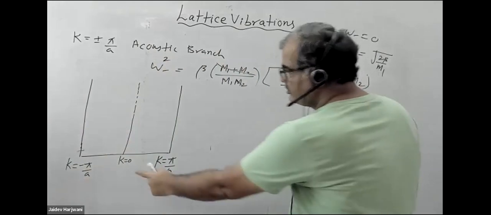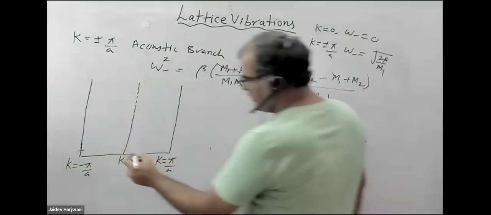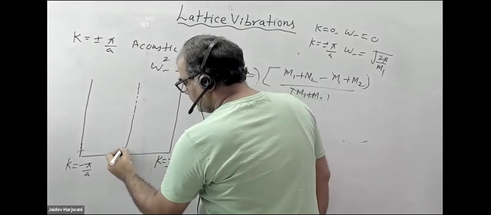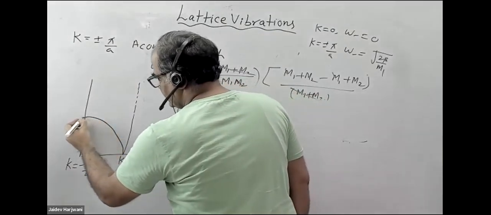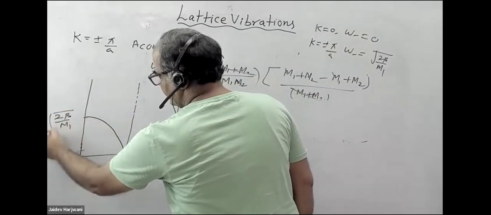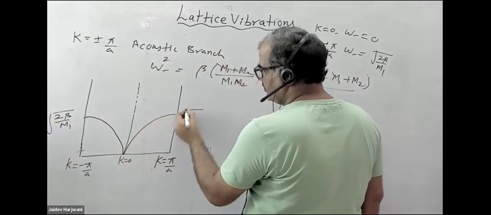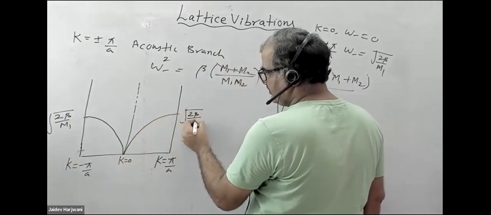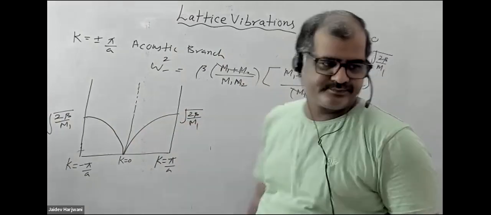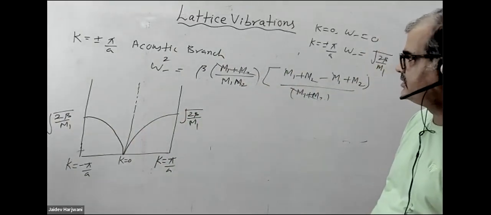At k tends to 0, this lower branch, the acoustic branch, is 0. It will start from 0 and go up to under root 2 beta upon m1. Similarly, starting here, it will go up to under root 2 beta upon m1. So this is the lower branch.